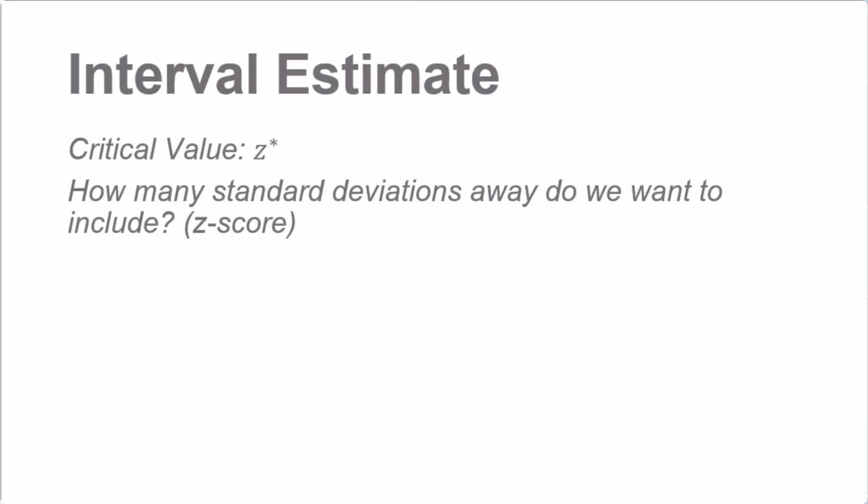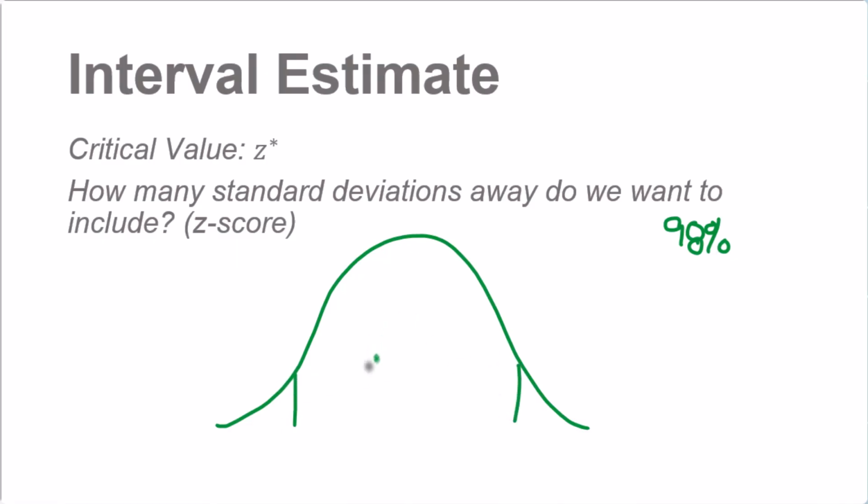So for this particular example, we wanted a 98% confidence level. That was what the question asked us for. So I'm imagining in a normal distribution, if I wanted to capture 98% of all of our possible values, I'm going to leave off a few of the extreme low values and a few of the extreme high values.